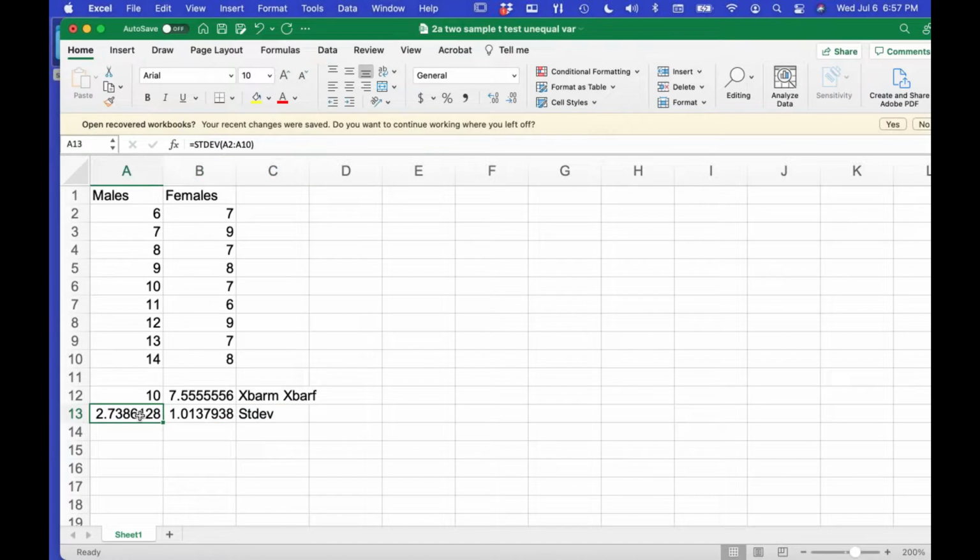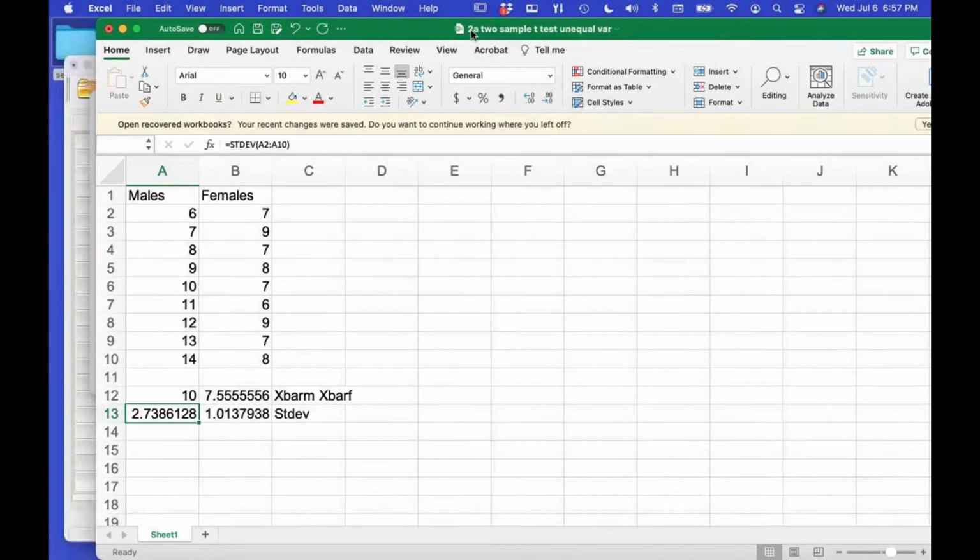I'm probably just going to go with unequal variances because they're so different. That would be a judgment you would make in your head. But even if they were very close, we're going to assume unequal variances because, for our purposes, it's going to be a more straightforward test.